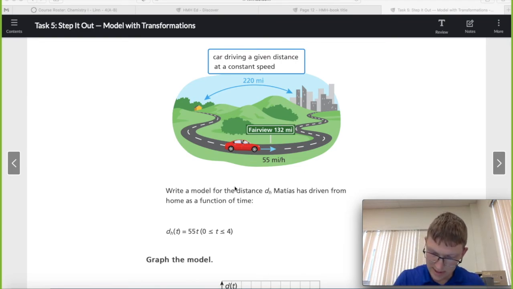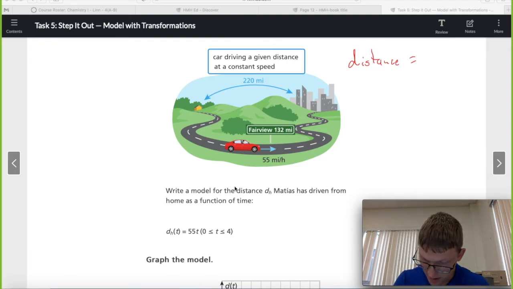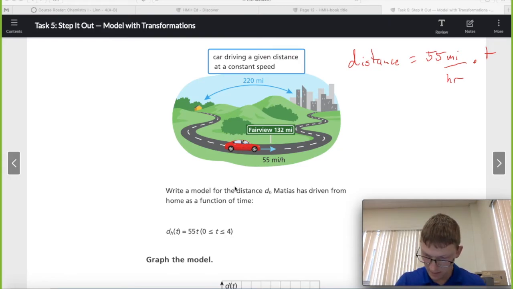So our distance would be equal to our speed times our time, right? In physics, we call it velocity because there would be a direction, but we don't really have a direction. Anyway, his speed is a constant 55 miles per hour. We're going to multiply that by time in hours, and that would give us our distance. So that's what we got right here.